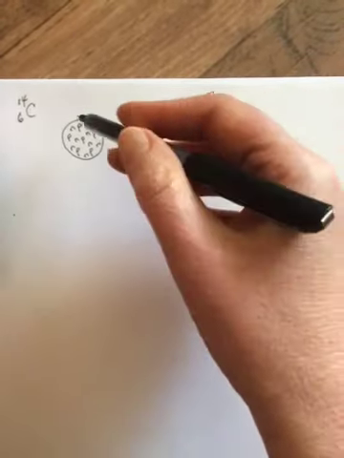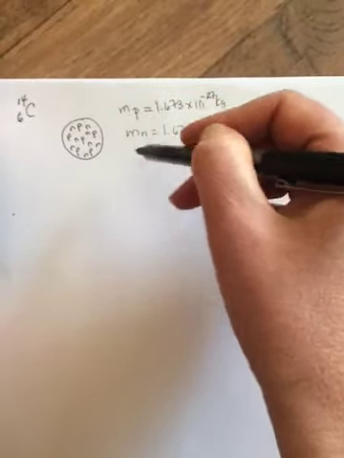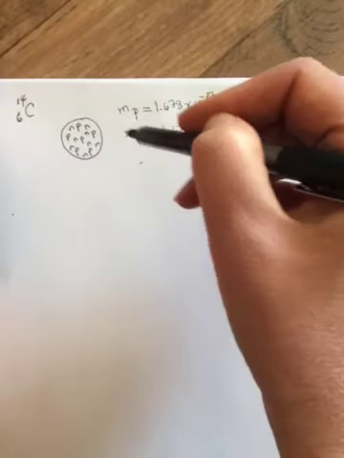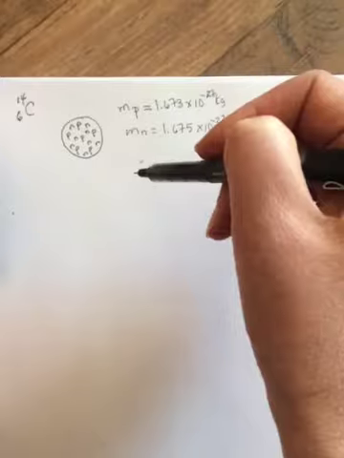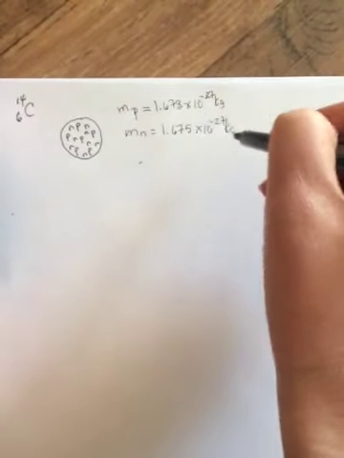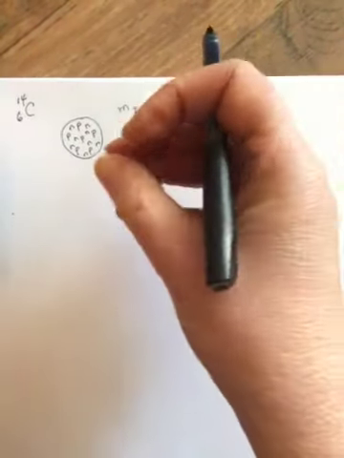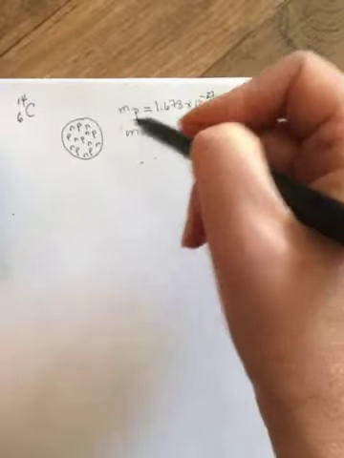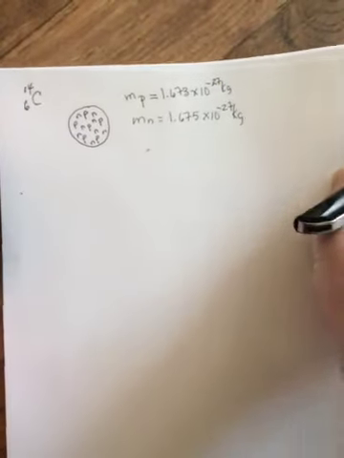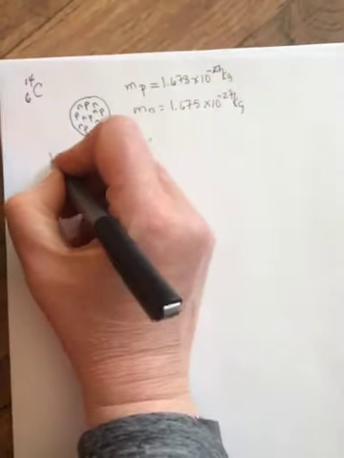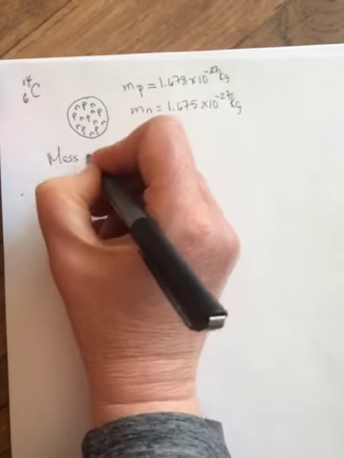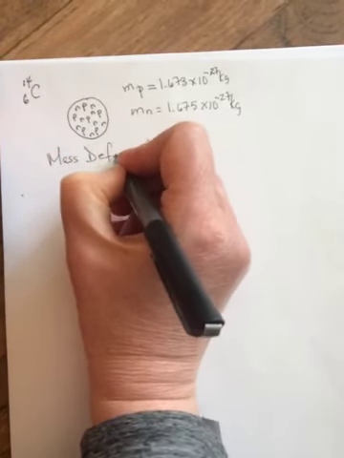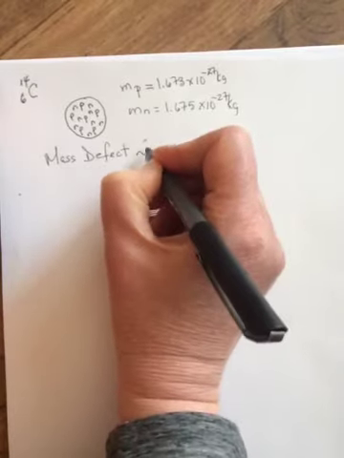We always find, not past tense, that the mass of the nucleus is actually less. Somehow when these protons and neutrons go together inside the nucleus, mass goes missing. And this mass that goes missing is called the mass defect. The mass defect.